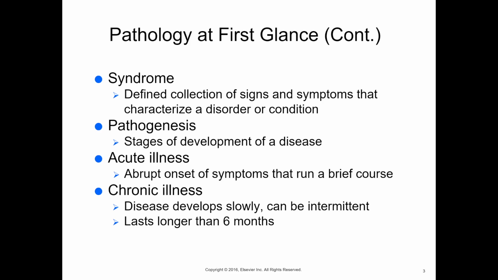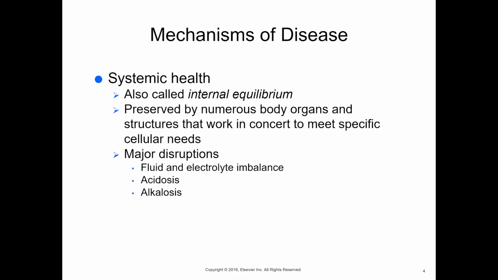Acute illness is any onset of signs or symptoms that's relatively brief. We typically talk less than 3 months, but no longer than 6 months in the most extreme situations. And then the chronic illness typically is defined as anything lasting longer than 6 months. And those diseases tend to have a very slow onset in most cases.